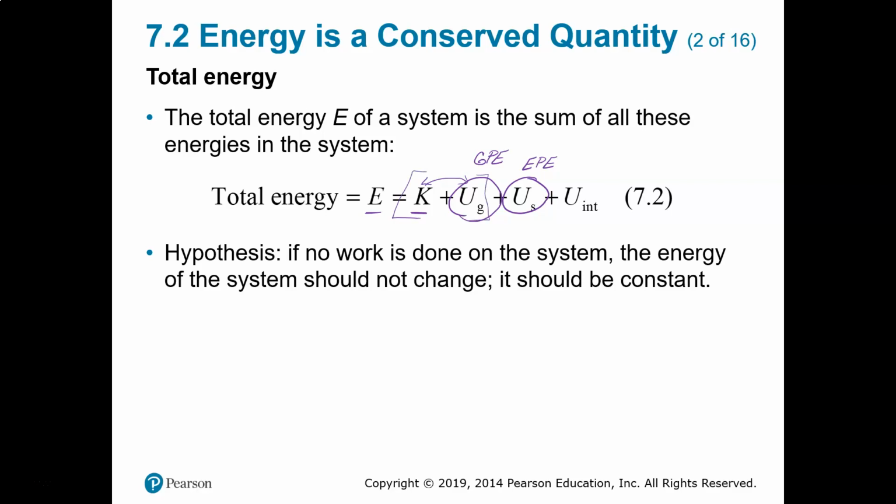In reality, any of these could change as long as their sum stays the same in an isolated system. If we are not doing work, we're not adding energy into the system, we're not taking energy out of the system, we are just transforming it from one to another.